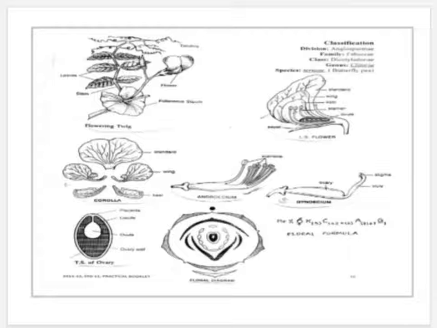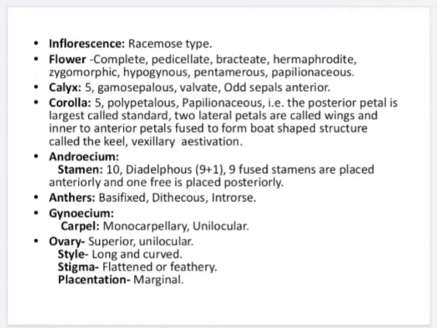Let us see in the diagram the floral diagram and diagram of different floral parts of plant Clitoria ternitea. Now inflorescence.